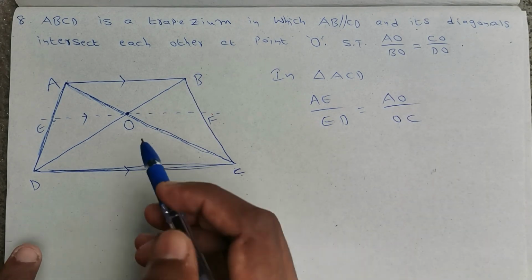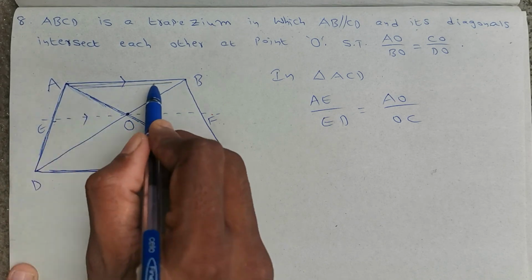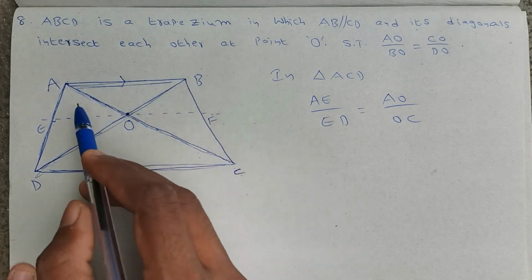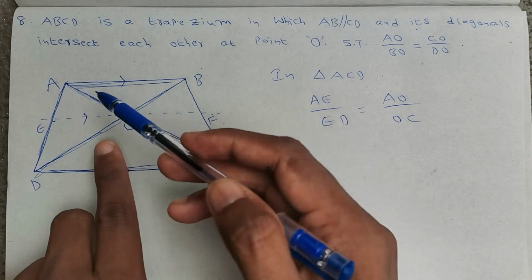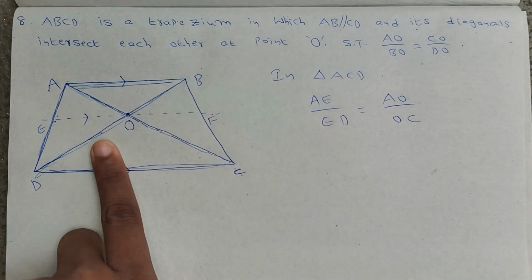Next, I will take this ABD triangle. Again in this ABD triangle, this EO will become parallel to AB. I will apply BPT again for this.